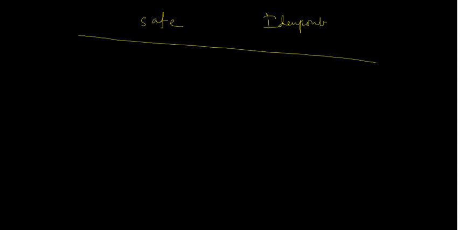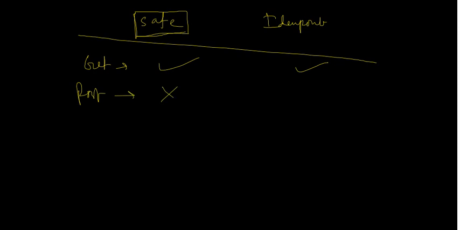Suppose get. Get is safe, yes, safe. Idempotent, yes, idempotent, correct. So what is a safe method? Safe method means one which does not modify any resources, correct? We have already discussed that. So is post a safe method or not? Post is not a safe method, because post modifies the resources.